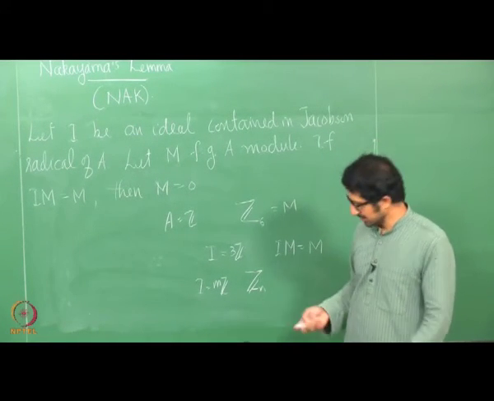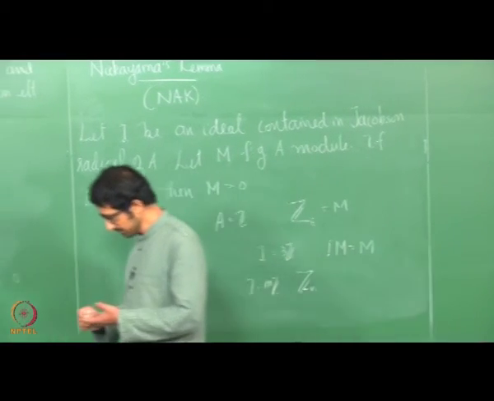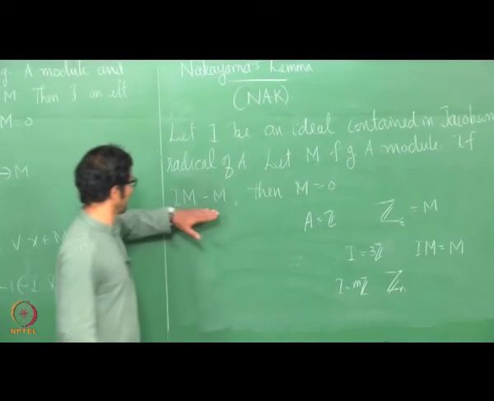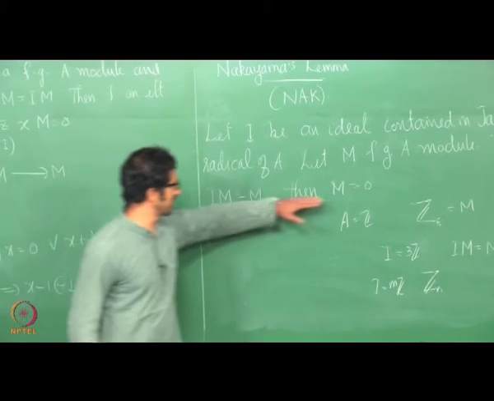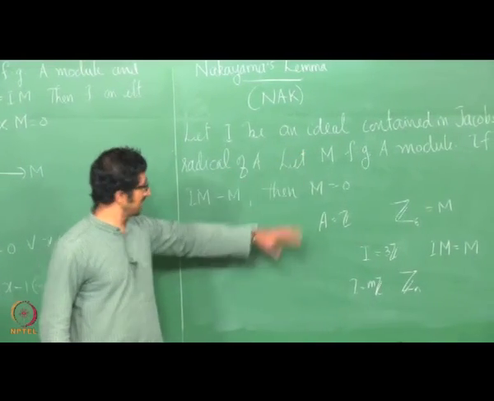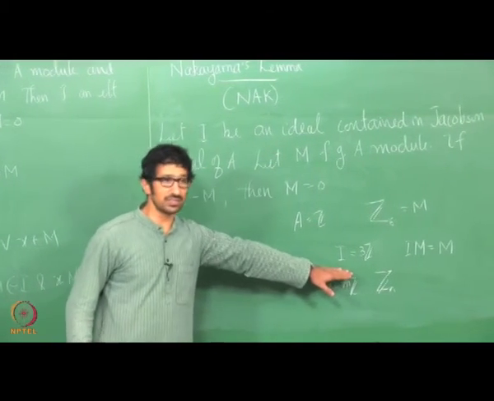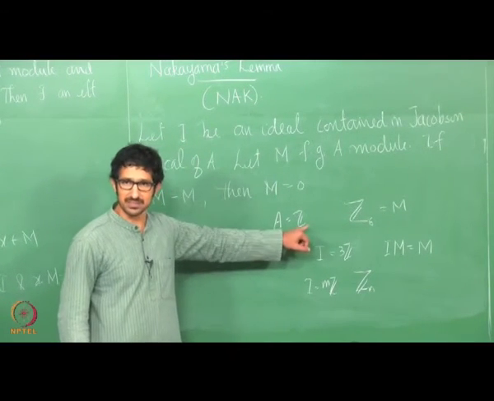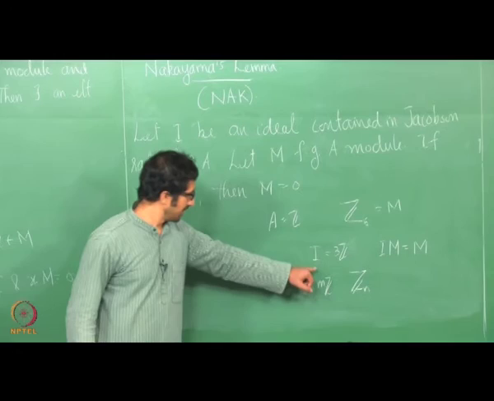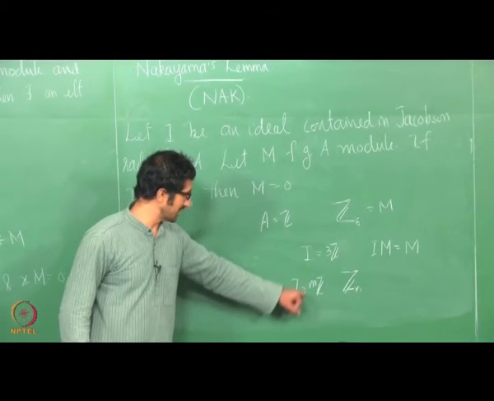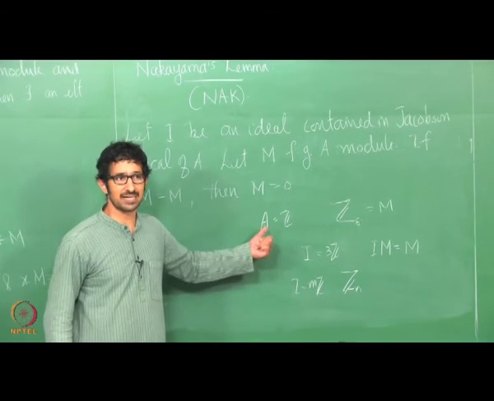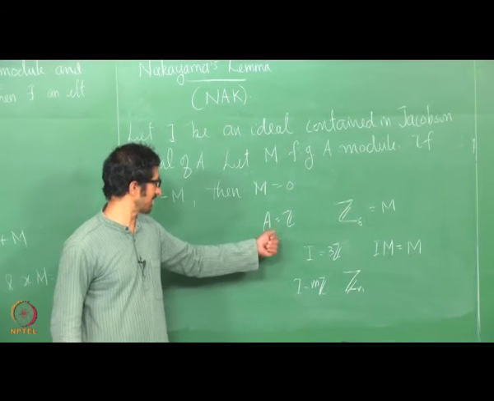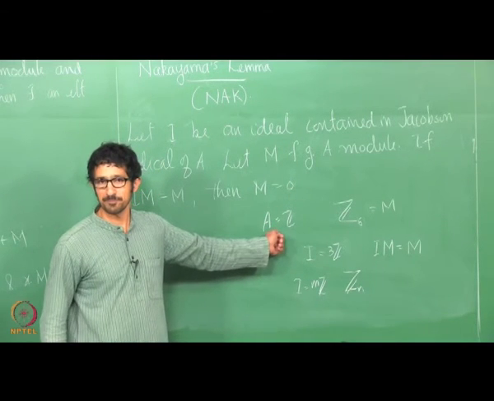Okay. So this is not true in general. Note that in this case, this is not a local ring, but this is a commutative ring. None of these ideals are in the Jacobson radical. What is the Jacobson radical of A?